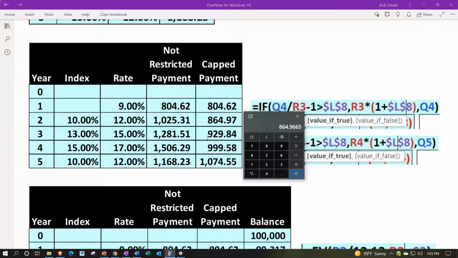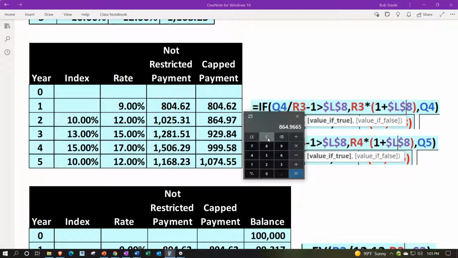So it should go up to 864, and that's obviously less than this amount here. So we can get there a little bit faster by saying 1 plus 0.075 would be 107.5% in essence, times the 804.62.